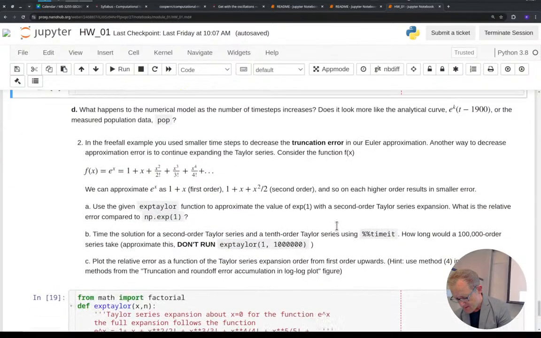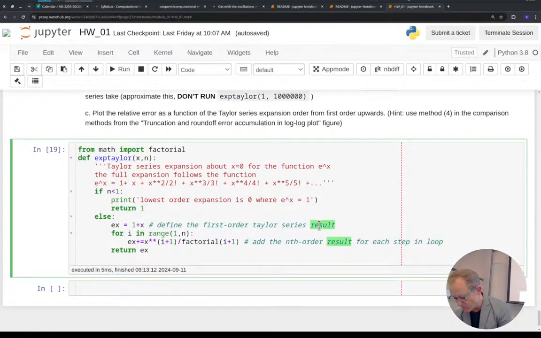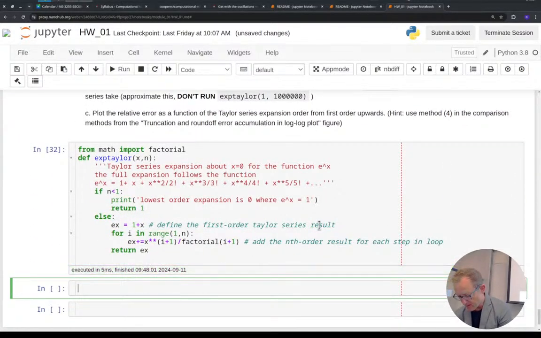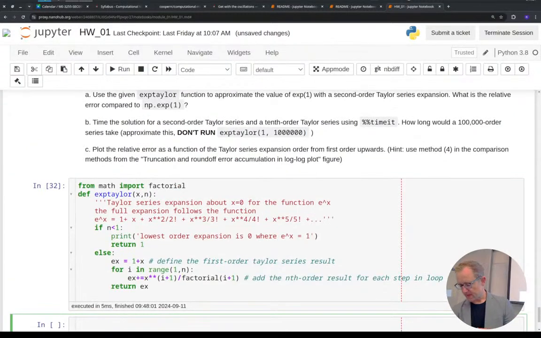And then we hadn't really gone through this. There were some questions, at least in the last couple of days, about how to figure out how long it's going to take for 100,000.